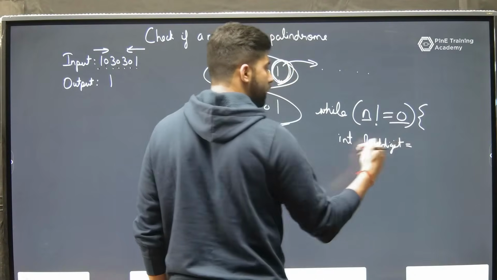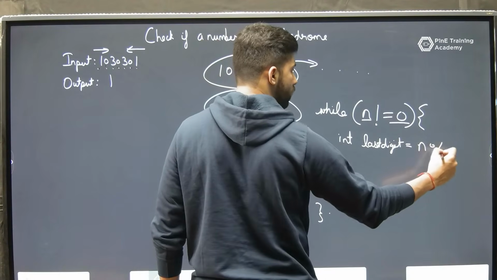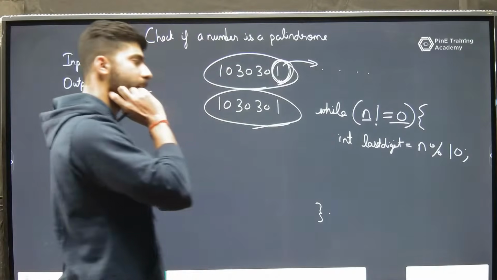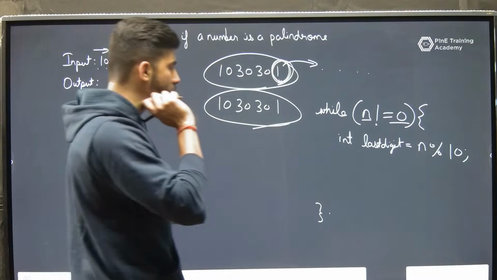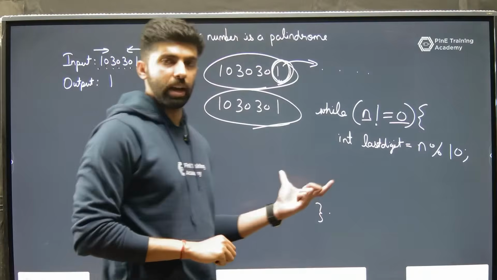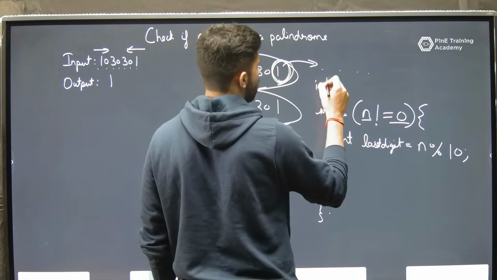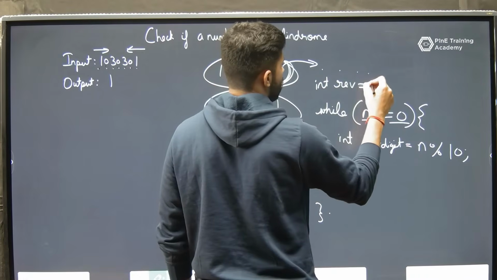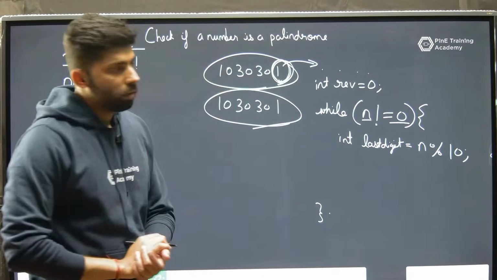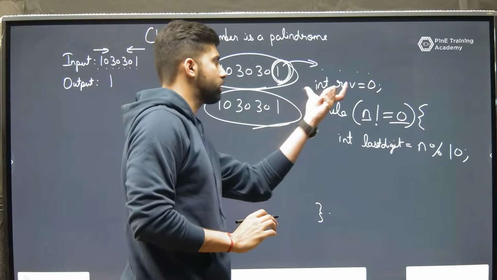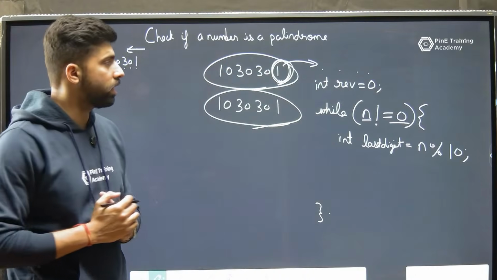We will again get the last digit as n mod 10, and we will create our reverse and initialize it with 0.